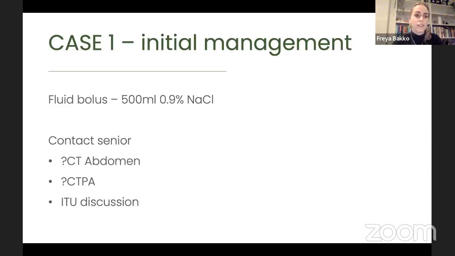So give them a bolus, contact your senior, and request for them to guide you as to any further imaging required. If you are worried about any post-operative bleeding, especially in abdominal surgery, the most important investigation will be a CT abdomen.